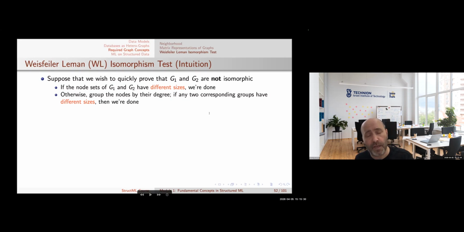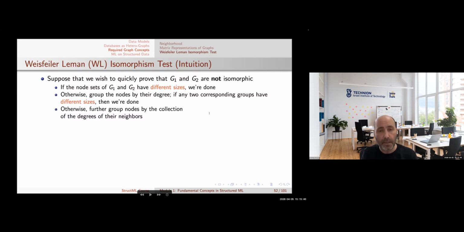But what if that fails as well? Okay, so you can basically further go on with this idea and look at the degrees of the neighbors of nodes and group them according to that.